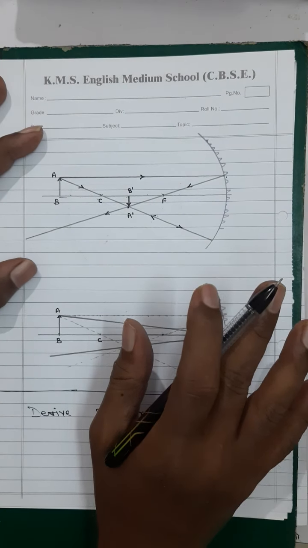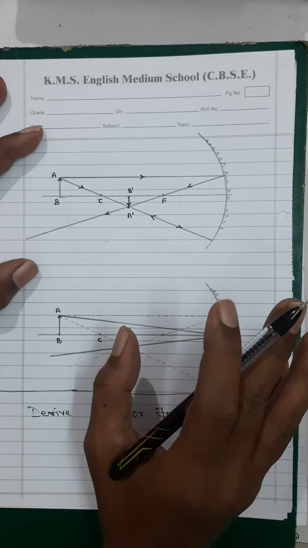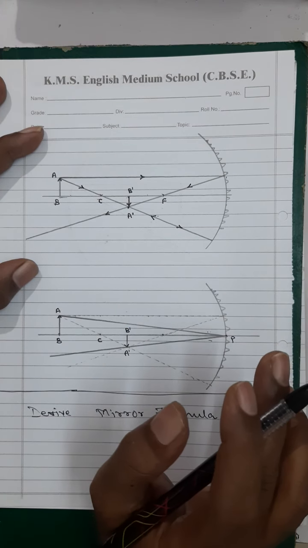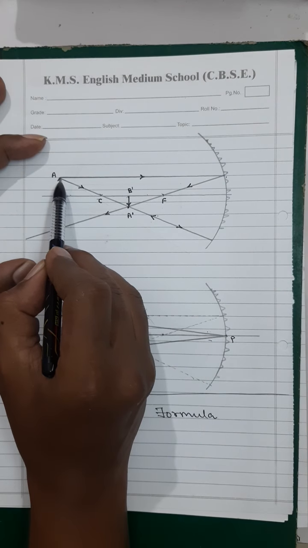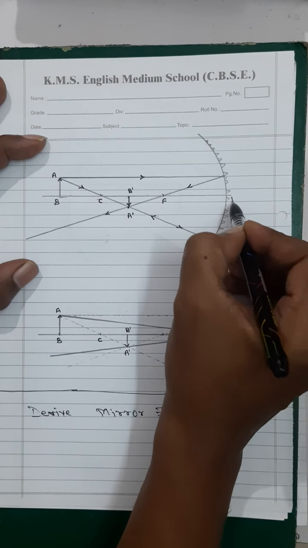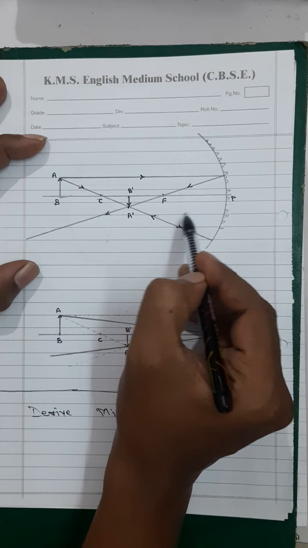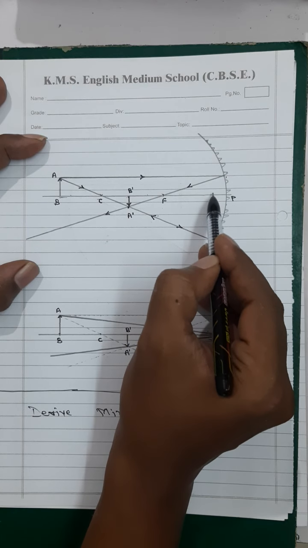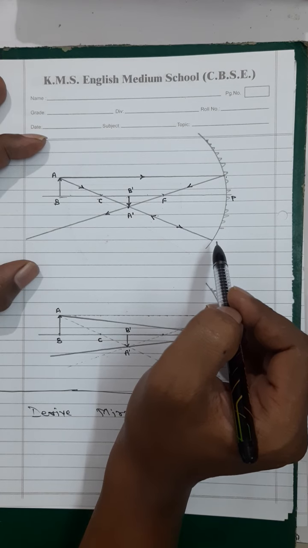On the same diagram, I have to consider one more ray, and the most different ray that I have considered now is basically the incident ray going at the pole. This is the pole. The incident ray going through the pole will reflect, making a reflected angle equal to the incident angle.